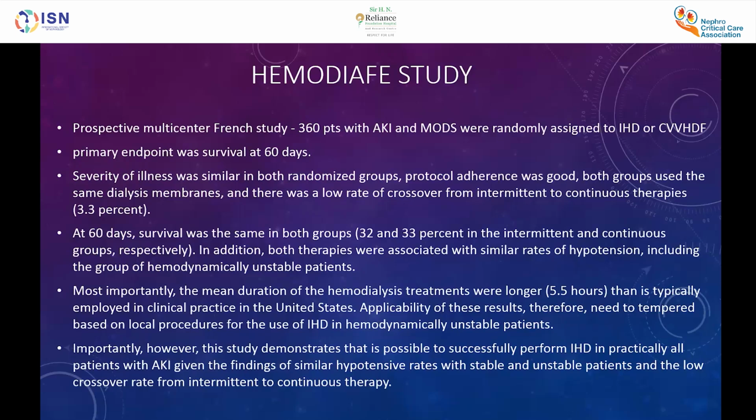So this study also demonstrates that it is possible to successfully perform intermittent hemodialysis in practically all patients with AKI, given the findings of similar hypotension rates in stable and unstable patients, and the low crossover rate from intermittent to continuous therapy.